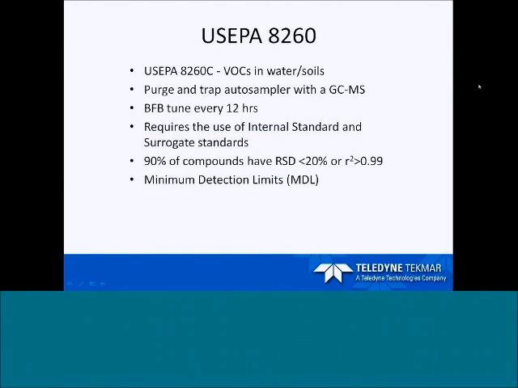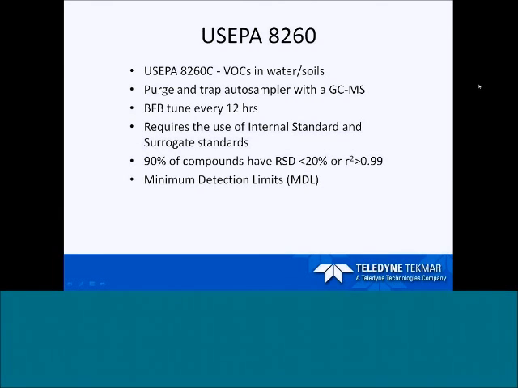Just to go over US EPA 8260, it's used to analyze volatile organic compounds in waters, soils, and sludge-type matrices. It uses a purge and trap autosampler with a GC mass spec. It requires a BFB tune every 12 hours, and it requires the use of internal and surrogate standards.